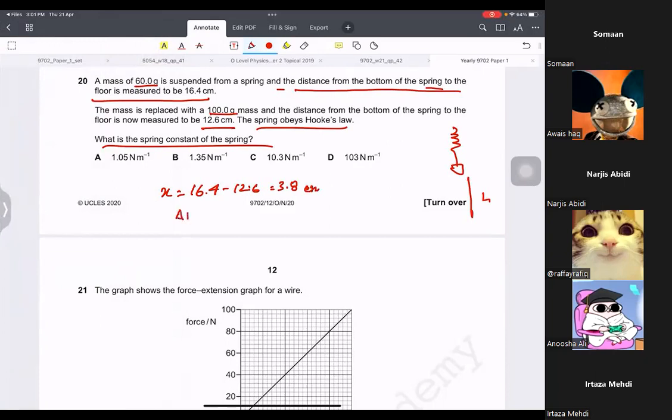Change in mass, 40 gram. Okay. K equals 40 times 10 raised to minus 3, when you want to change it to kg, times 9.81 for force, over 3.8 times 10 raised to minus 2, because we want to change it into meters.